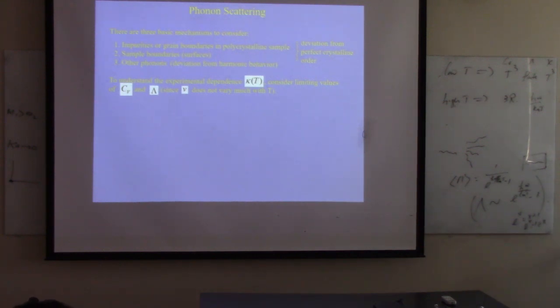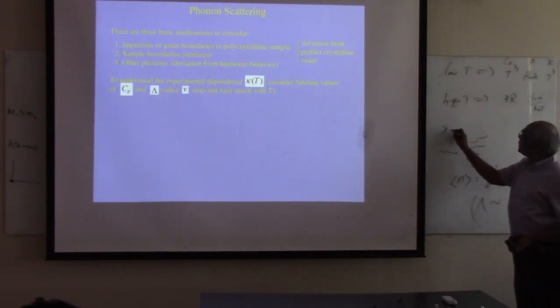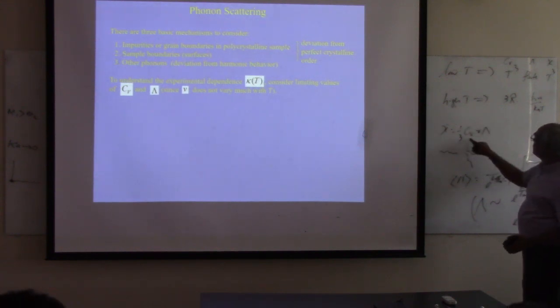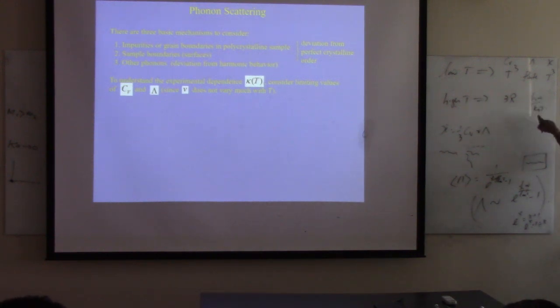h cross omega over kBT. Yeah, that's correct, right? So if you take the product, because kappa is 1/3 CV times V times gamma, CV times gamma, if you multiply these things, this goes like 1 over T, right? So kappa goes like T cube for low temperature and 1 over T at high temperature.